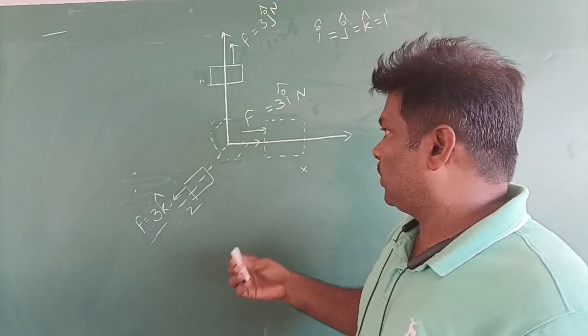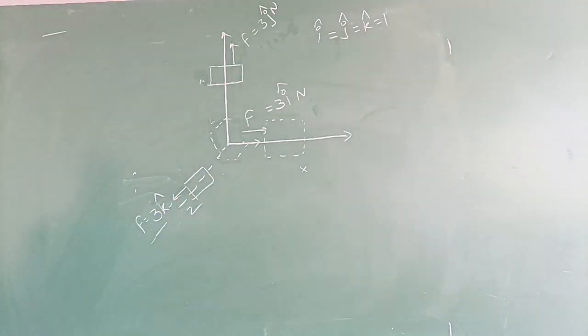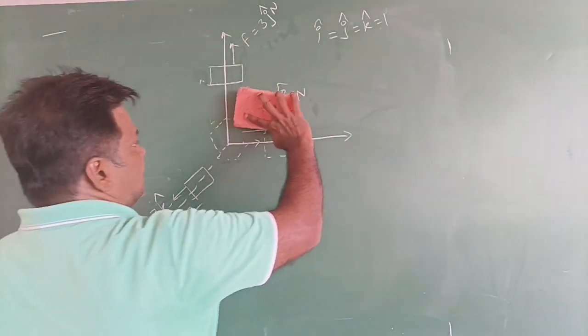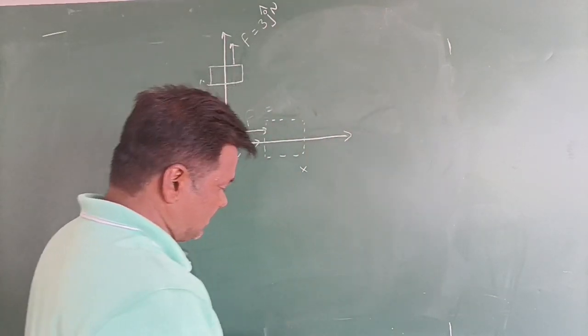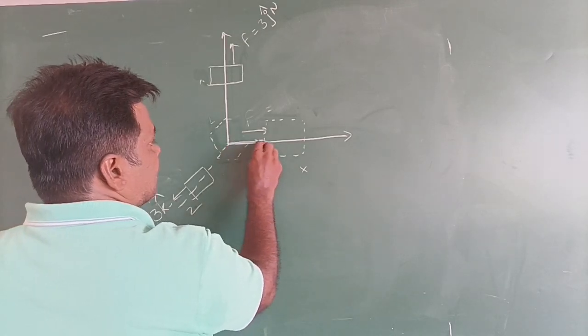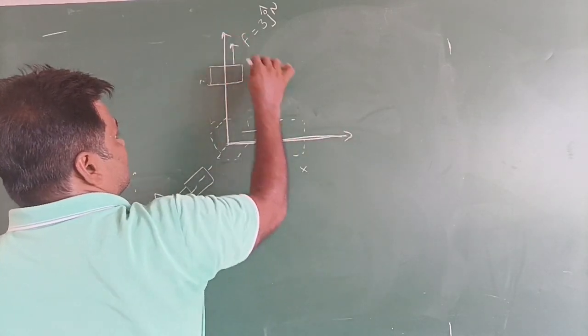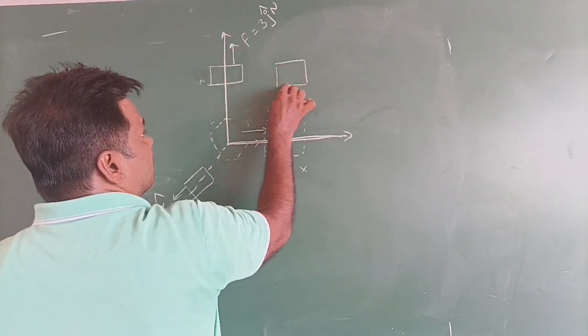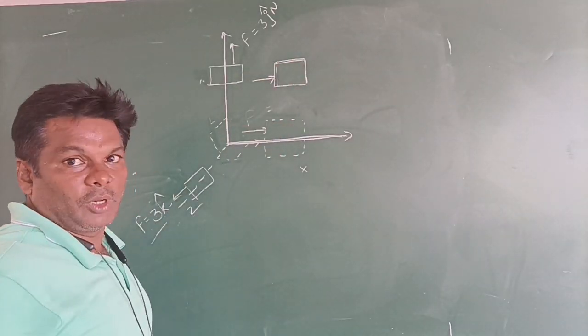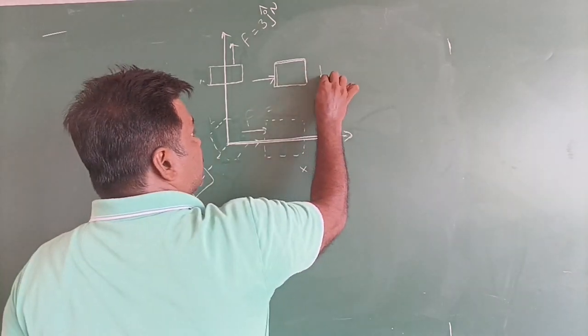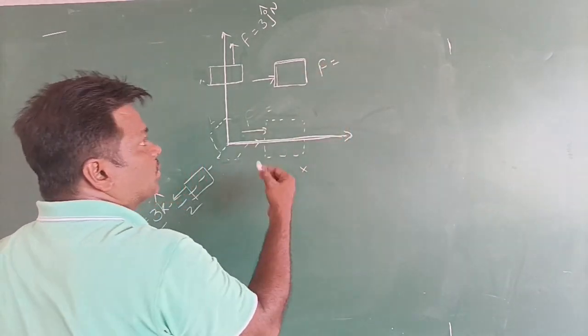Suppose the block is in the xy plane, which includes the x-axis and y-axis. This is the x-axis and this is the y-axis. This is the xy plane. Here is the block. Now you are pushing the block. How can you write the force?